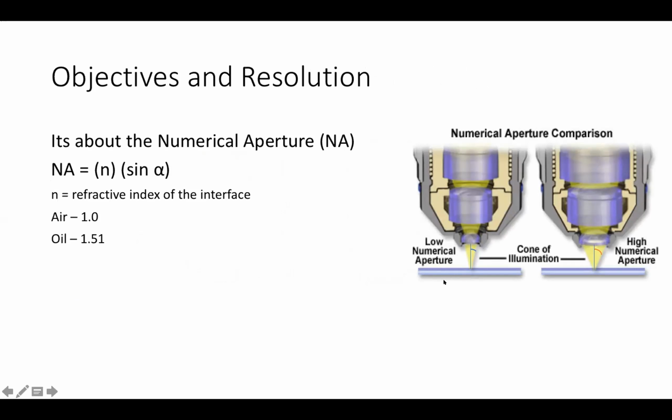So for example, for an air objective, the refractive index of air is 1, whereas for oil, the refractive index of oil typically will be 1.51 and some other number depending on the oil that we are using. If you think about this, the air objective is going to be further away from your specimen, whereas your oil immersion objective, because it's touching through the oil to the cover slip interface, is going to be closer to the cover slip.